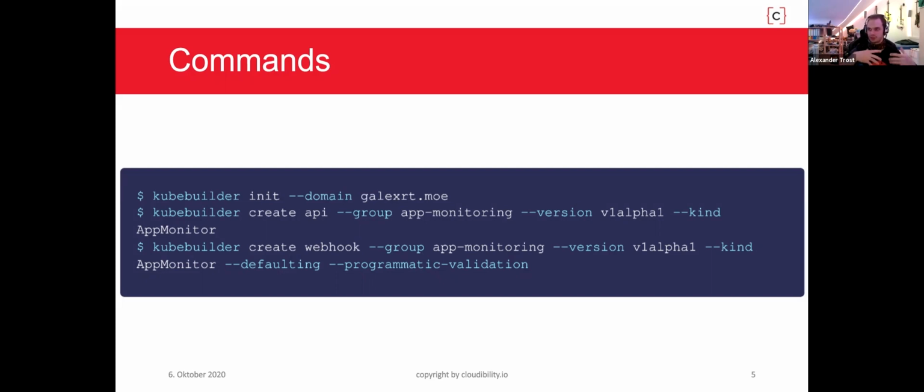We're going to see later on how this will affect the whole code. And as the third step, for adding the optional validation and defaulting functionality, we have kubebuilder create webhook targeting AppMonitor, the CRD that we created one step earlier, and specifying the flags defaulting and programmatic validation enabled for the CRD.